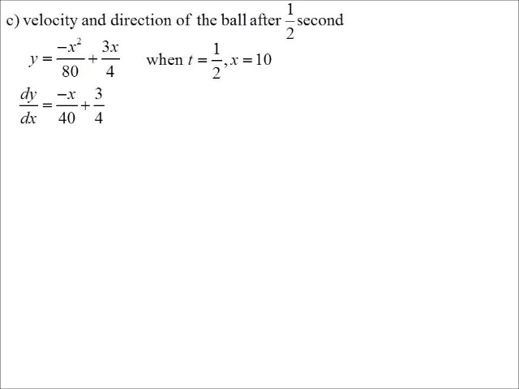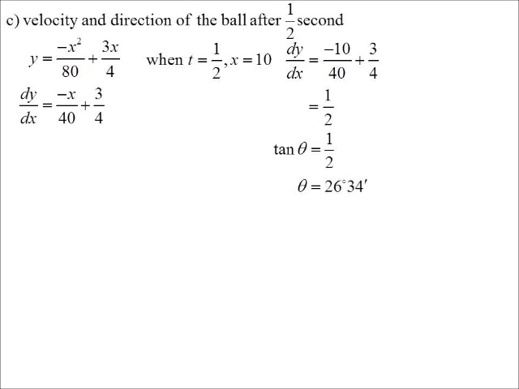So going back to the x equation that we worked out, half a second was when x equals 10. Now I can use that x value. So the derivative is a half. But the derivative measures the slope of the tangent. That's what we're looking for because we want that angle that it's making. So tan theta is a half, same as we got before, 26 degrees 34.